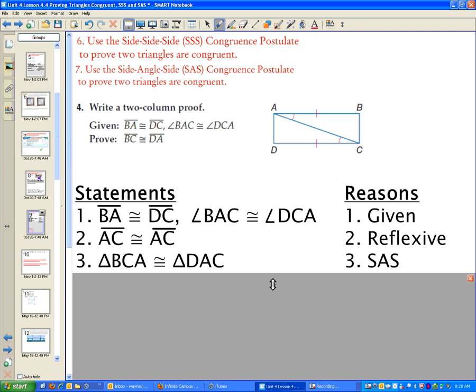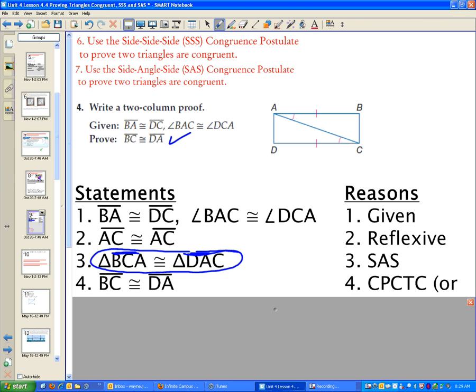Now that we have a congruent statement, think 2 days ago. Couldn't we take a congruent statement and write out 6 different pairs of corresponding parts that are congruent? Wouldn't one of those pairs be segment BC congruent to segment DA? That's what we're supposed to prove.